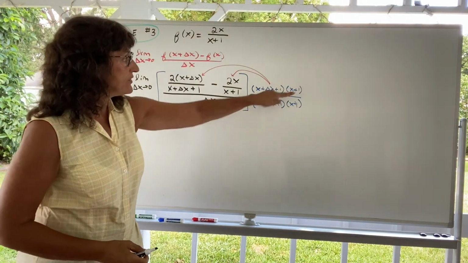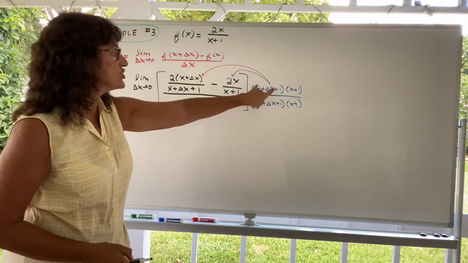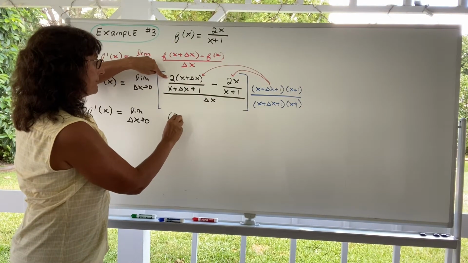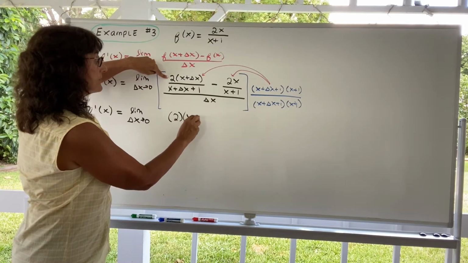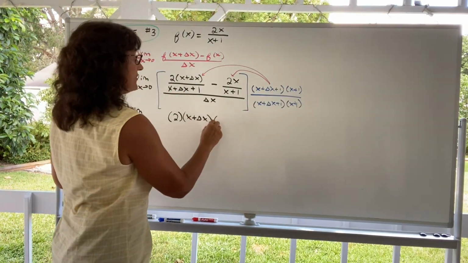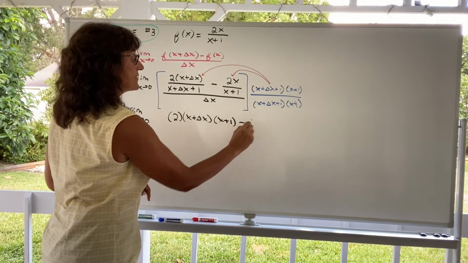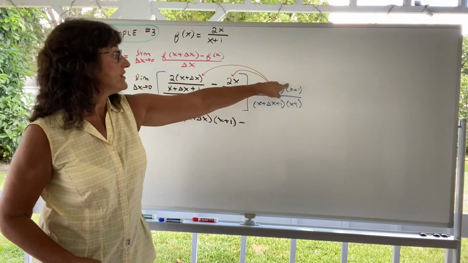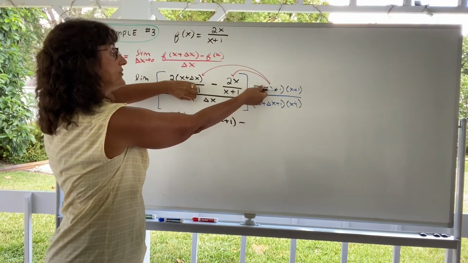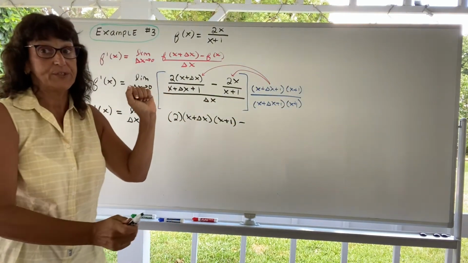When you distribute this expression to the first fraction, your trinomials will cancel, and you'll have 2 times your x plus delta x. The trinomials cancel, but the binomial doesn't, so times x plus 1, okay? So you still have this left over.